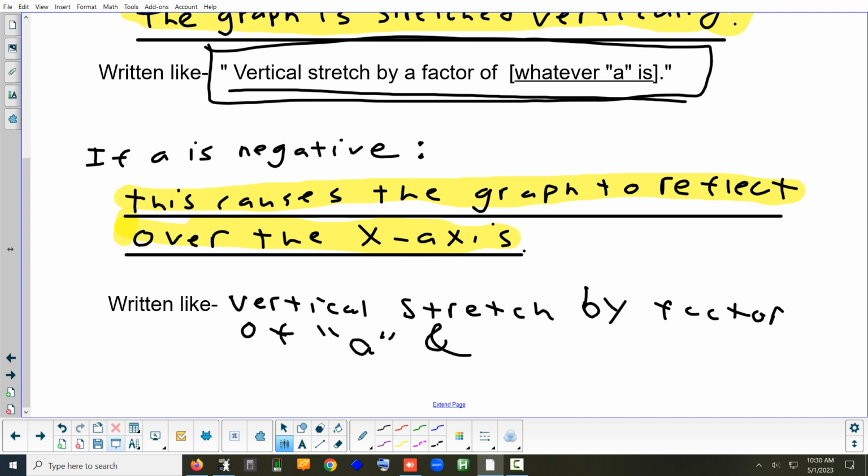And add the second part: reflect over the x-axis. So when it's a negative, you've got to add this part in at the end. We'll try 2 examples of that, and then that'll be it.